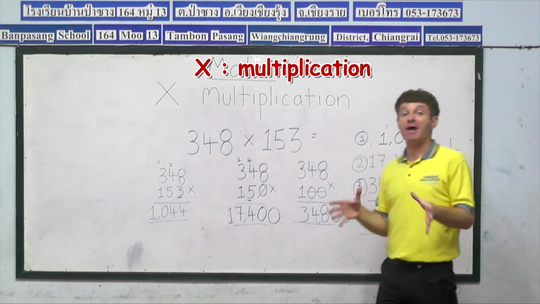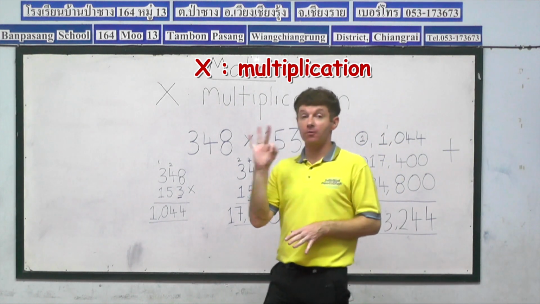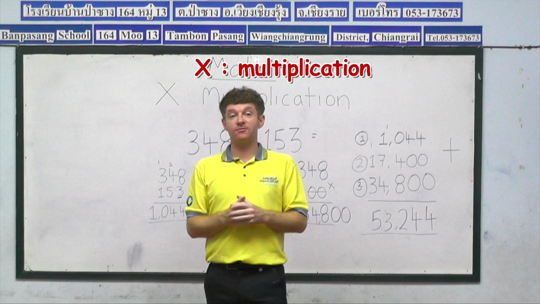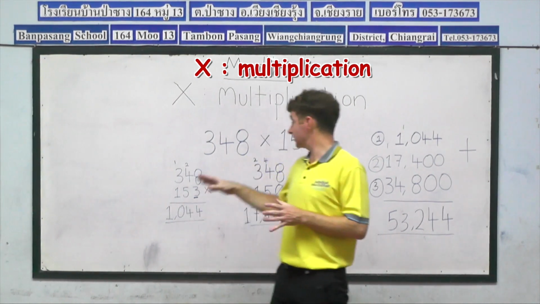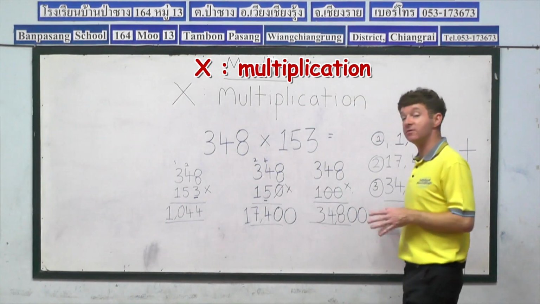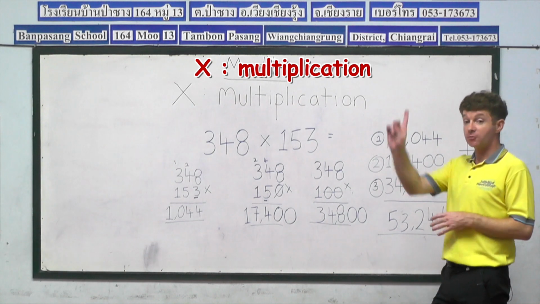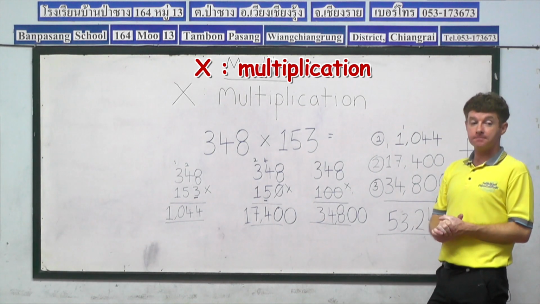And that's how to correctly answer 3-digit multiplication by 3 digits. And we're using the step-by-step process that we've used before. Shall we do one more together before we move on?